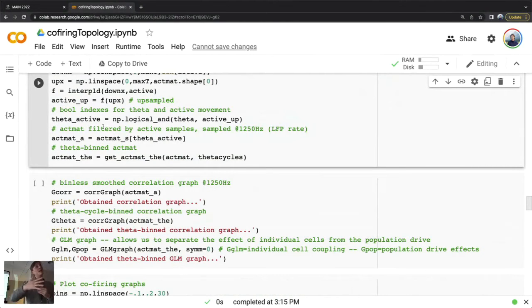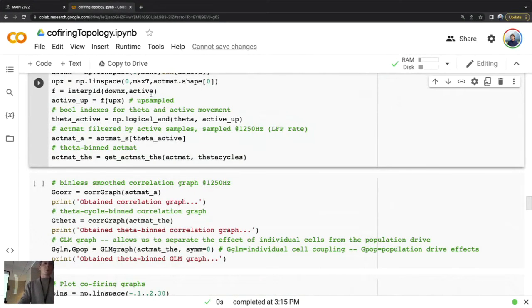So it's like a physiological binning. Instead of being of equal temporal length, they are of equal temporal length to the brain, because we know that each cycle should correspond to some kind of temporal window for the hippocampus to process information.